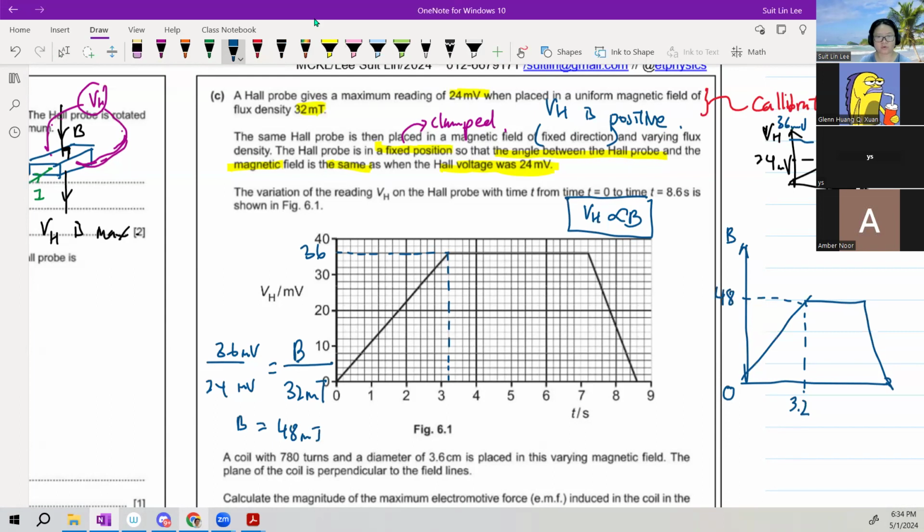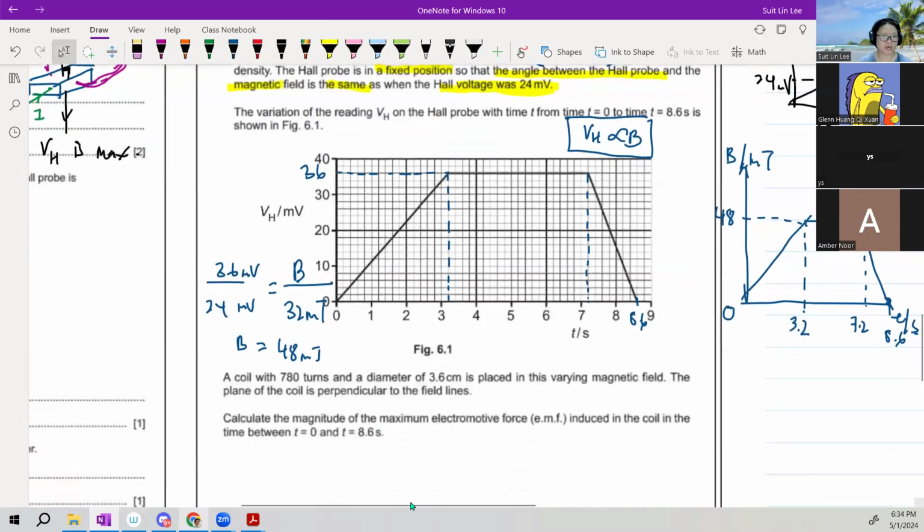So this one is 48 millitesla, time in seconds. It will stay at 48 until this point here, which looks like 7.2, and it will eventually drop to 0 at 8.6.